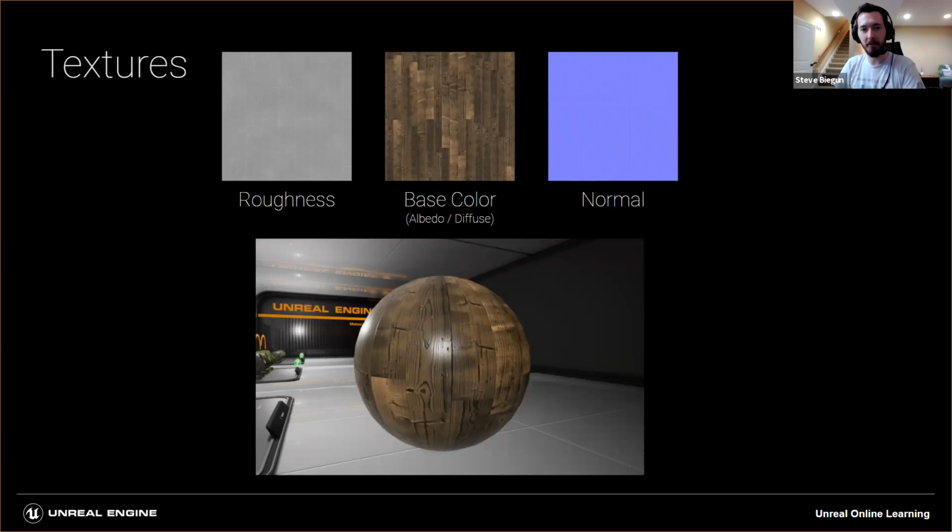So here are 3 different types of textures: roughness, base color, which is just albedo or diffuse, depending on the program you're in, and a normal map. You can't really tell, maybe over Zoom, it's very difficult for me to see on my small screen, but the normal map is different colors, and it's not height, like a bump map or a displacement map.